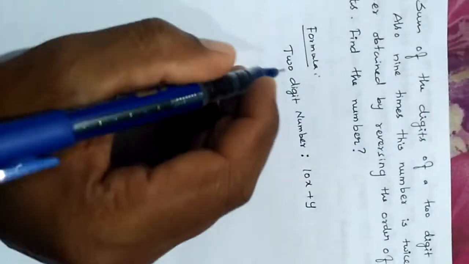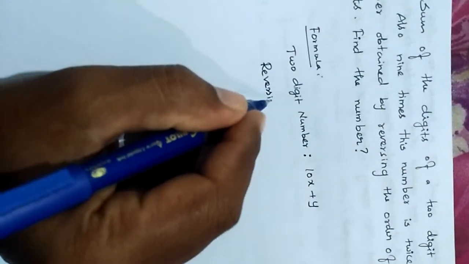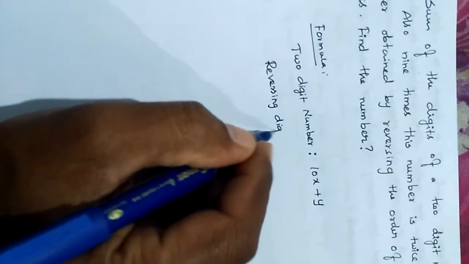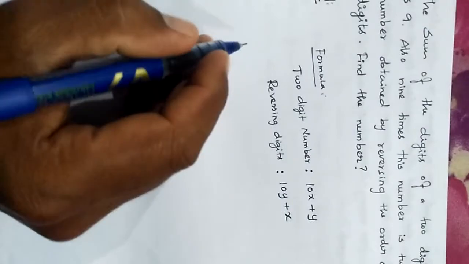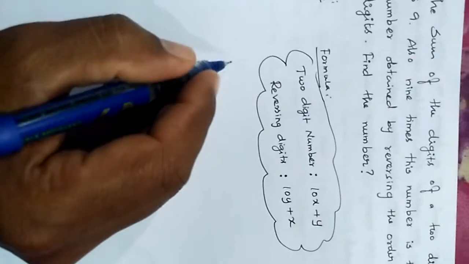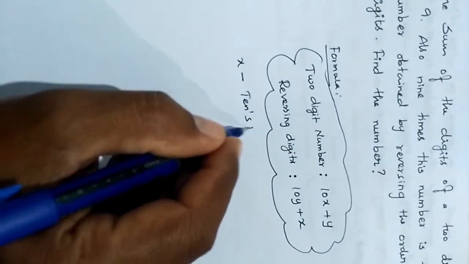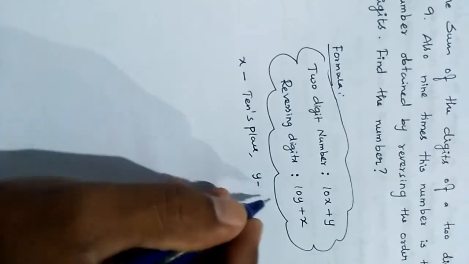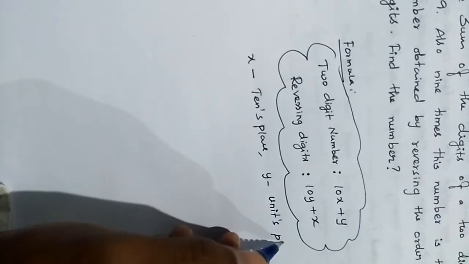Then if you reverse the digits, meaning interchange them, you will get 10y plus x. Here x represents the tens place, and y represents the units place, or ones place.